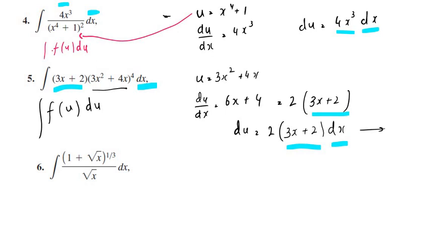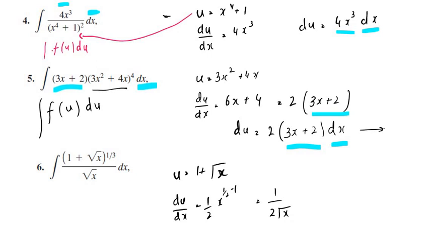So for this, if we take u equals 1 plus square root of x, then du over dx would be equal to half x to the power half minus 1, so it would be 1 over 2 square root of x.